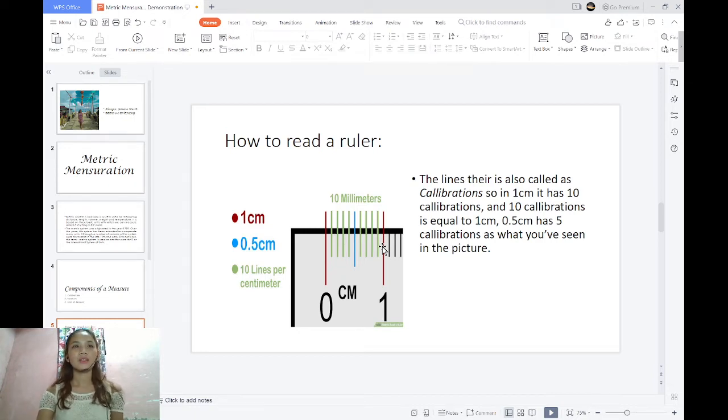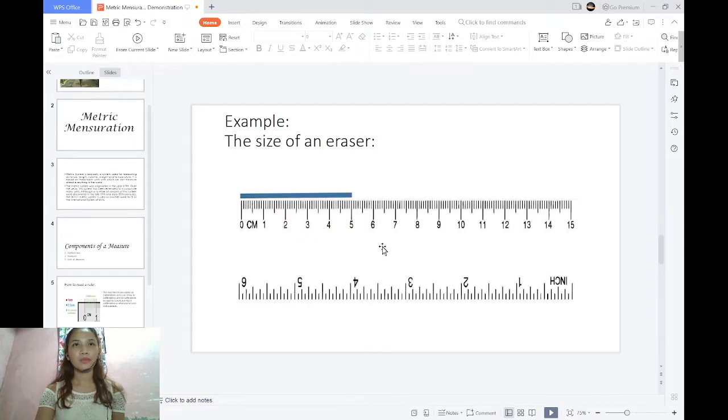So I have here an example for you to learn more and to test your critical thinking if you have understood well. For example, the size of an eraser, which ends at 5 centimeters.